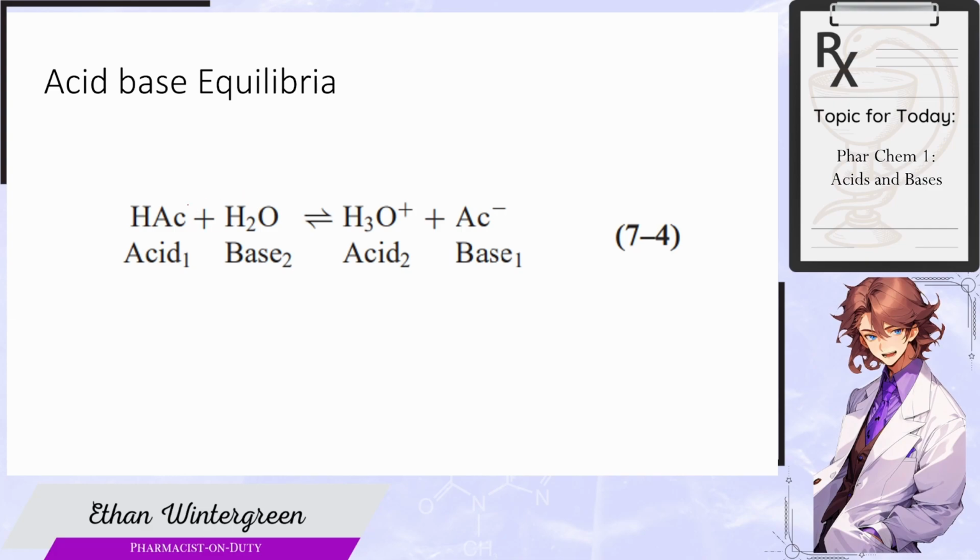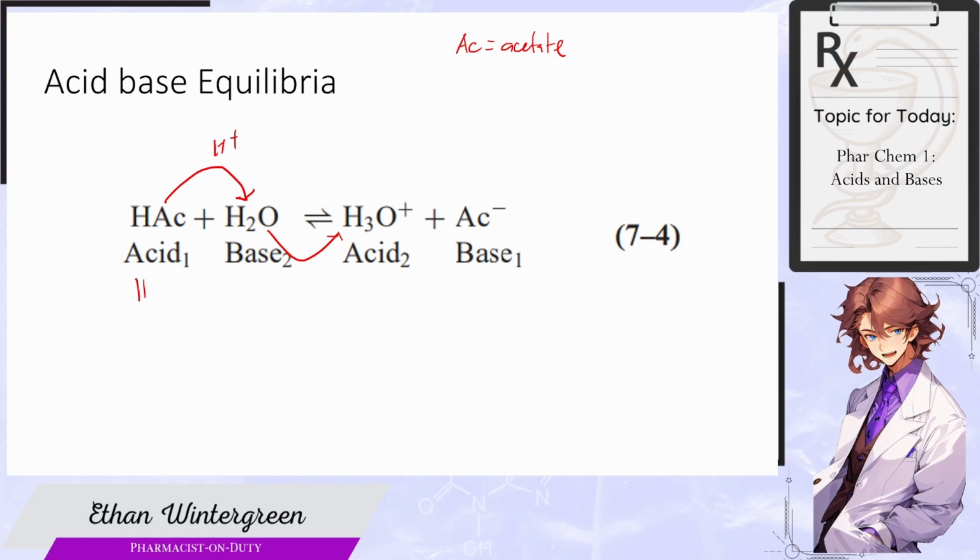HAc, when placed in water, acetic acid would act as an acid and it would give hydrogen here. And this would form your hydronium, H3O. Acetic acid would have a remnant of your acetate here. And this would be your conjugate base.